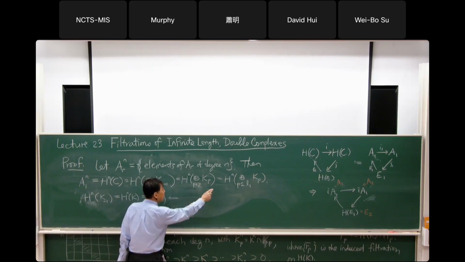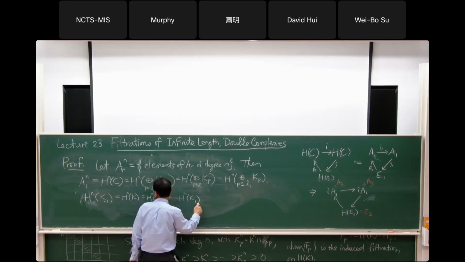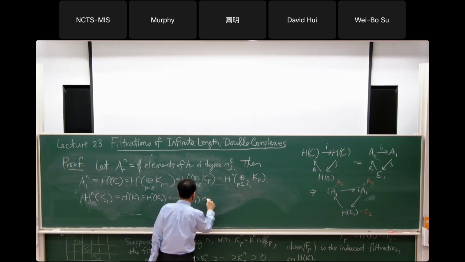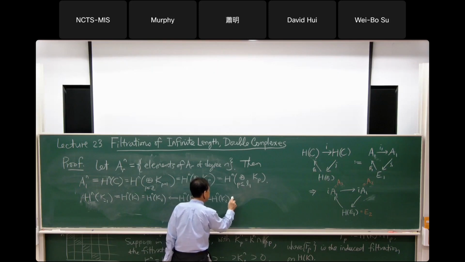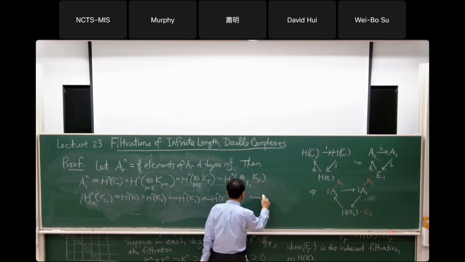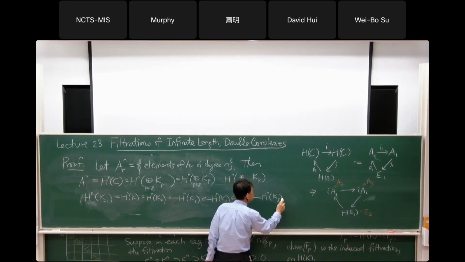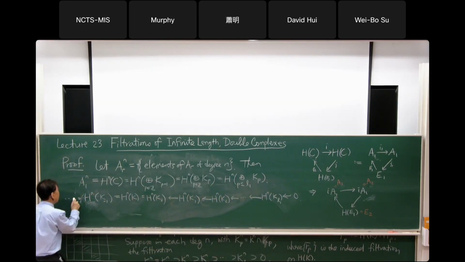So the next term is H^n of K^1, and then H^n of K^2. The last one is H^n of K^{L1}.